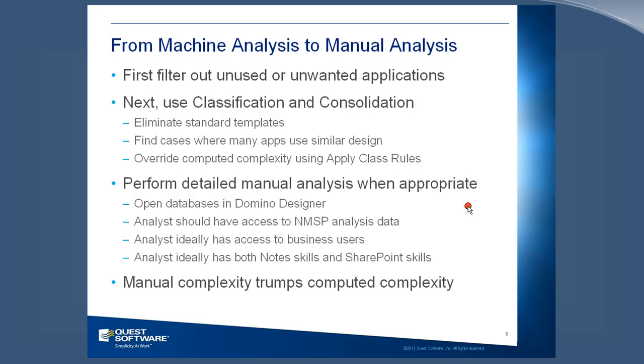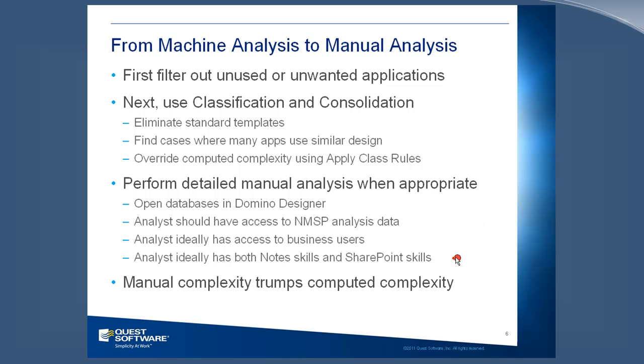To do that, of course, you would look in Domino Designer at the database itself or the design copy, and make sure you have access to the analysis data, because it's really useful to be able to look at the number of forms used and other aspects that we collected in our analysis phase, to understand how much work it's going to be to migrate things.